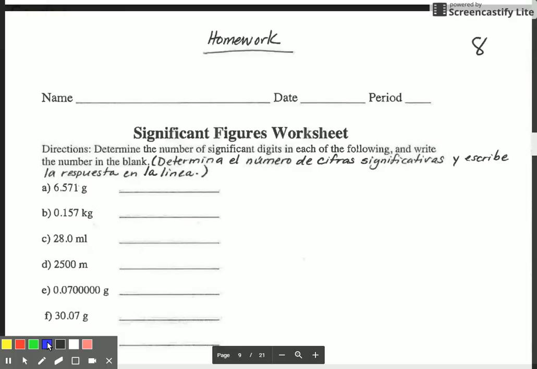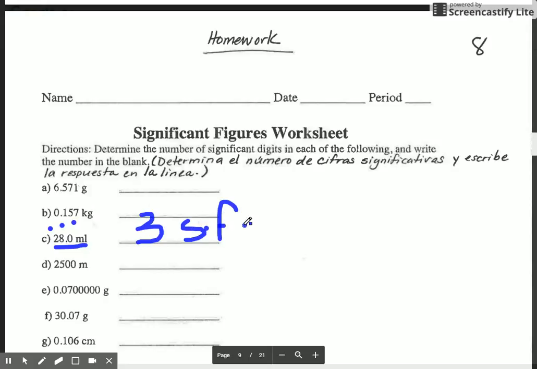Do you have that decimal point right there in between the 8 and the 0? So that means that that 0 is also going to be significant. So if that is the case, then I have 3 significant figures because the 2, the 8, and the 0 are significant. So I have 3 significant figures there.